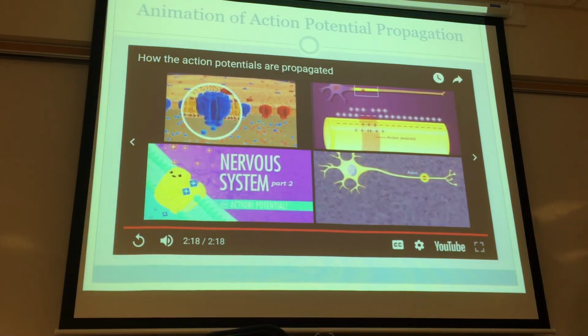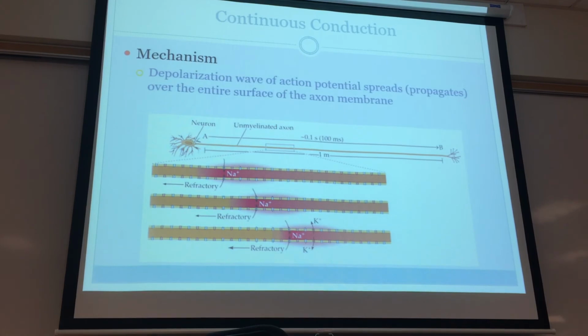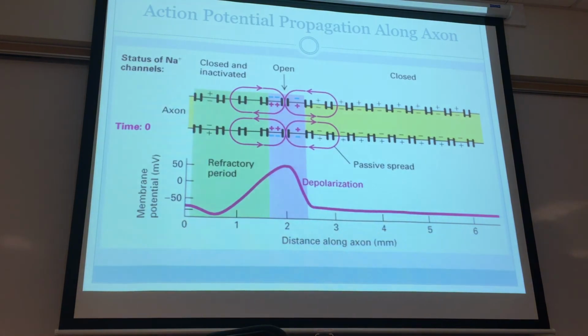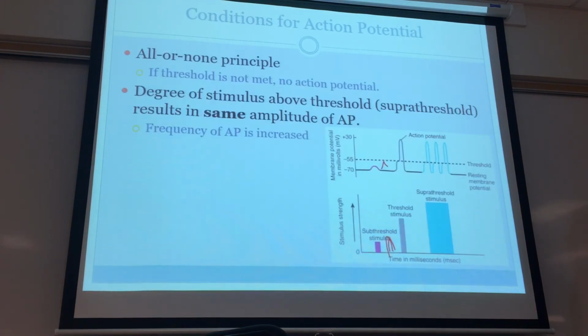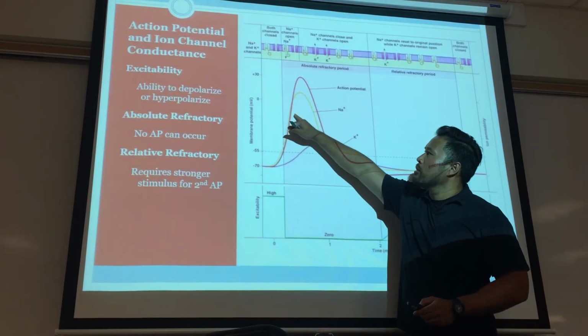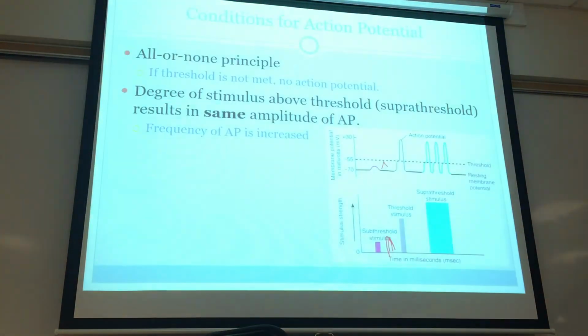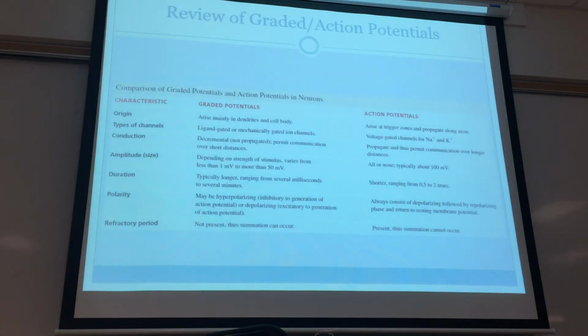So you guys should see by now the ultimate goal is to propagate that action potential all the way down. As I pointed out earlier, at that point where the cell membrane is at its resting membrane potential, the activation gates of the voltage-gated channels are closed.